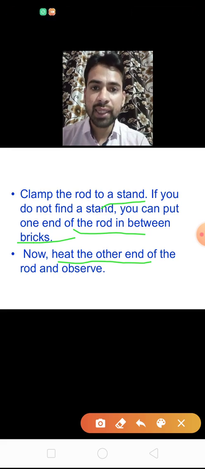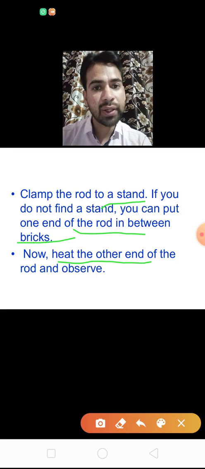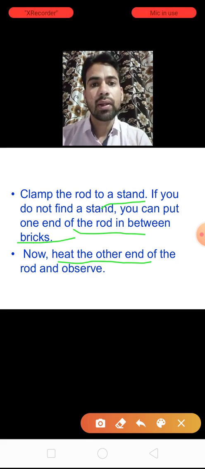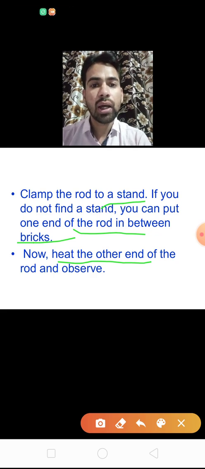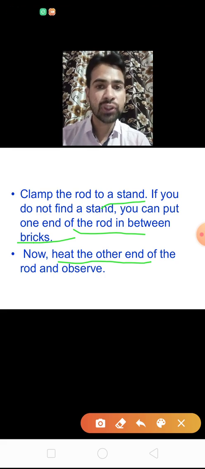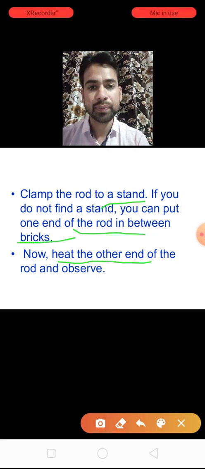When we heat the other end, the hotter region transfers heat to the colder end. Means when we heat one end of the rod, the heat is generated there and slowly moves to the colder side.